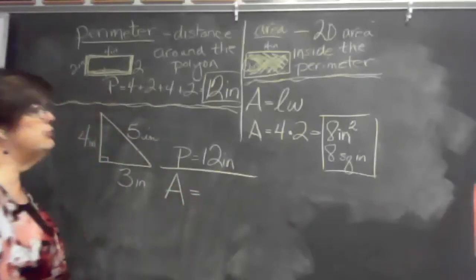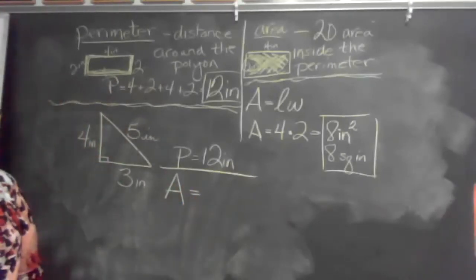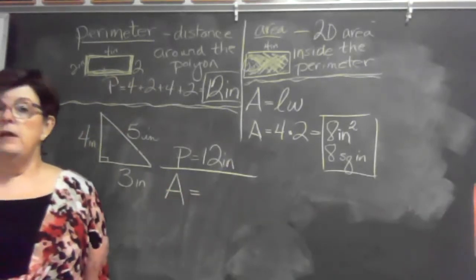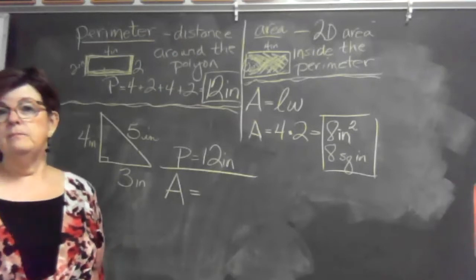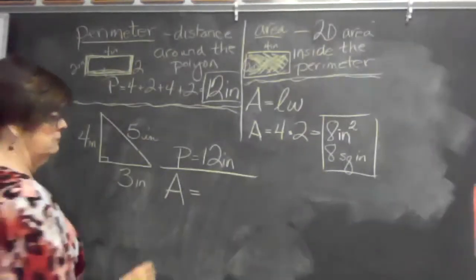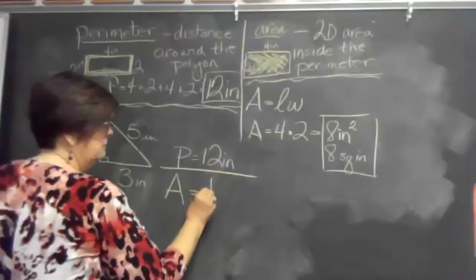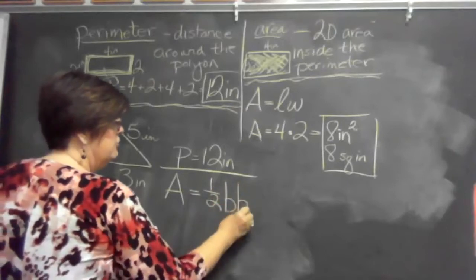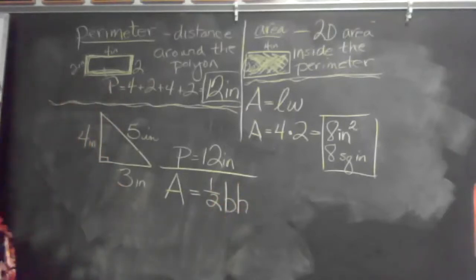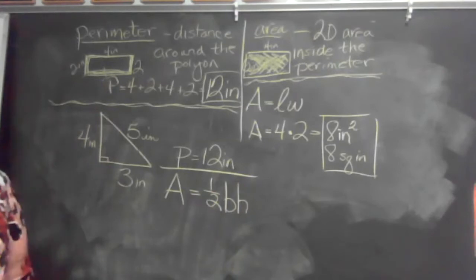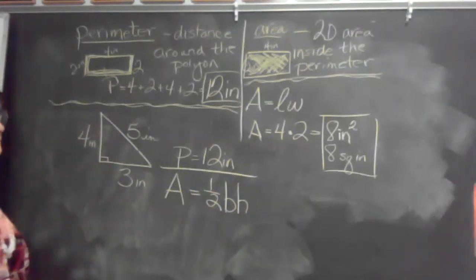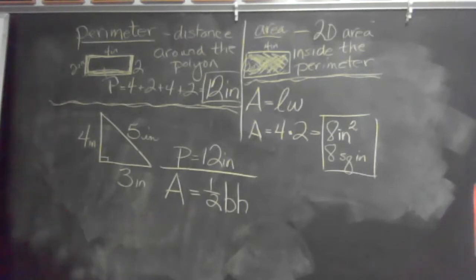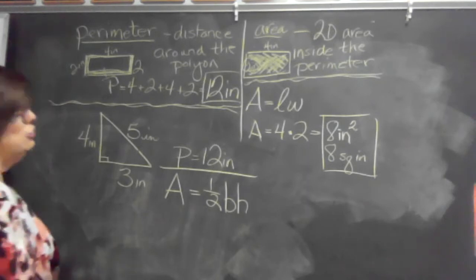So I want you to go to your formula chart and tell me what it says for the area of a triangle. A equals 1 over 2 BH. Now what we need to do is figure out what all these things mean.